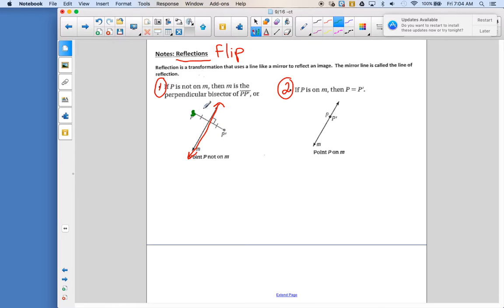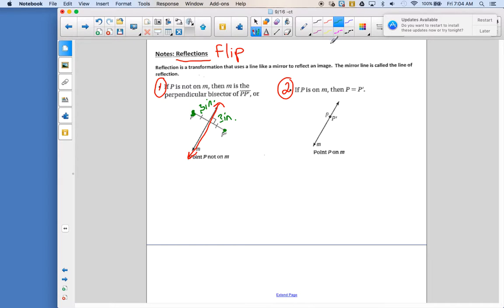So here's point P. Let's pretend this is 3 inches, for example, 3 inches away from my line of reflection, M. Well, that means that there's a point P prime that is 3 inches away on the other side of the line of reflection. So every point not on the line has another point that's equidistant from the line going the other direction. This is normally what happens, or it happens a lot when we flip across a line.